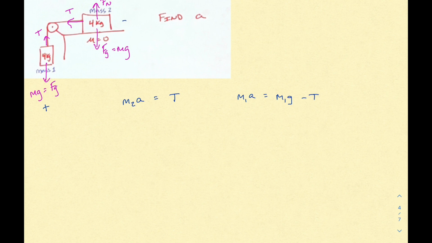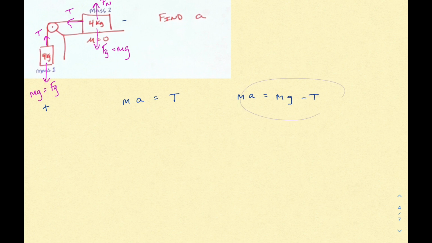Now in this particular case, both these masses are the same, so I'll drop these subscripts from each of these terms so that I can see how they relate to one another, and then nicely cancel stuff out later on. So I already know what that tension is equal to. It's equal to just that MA, which means I can substitute that in.